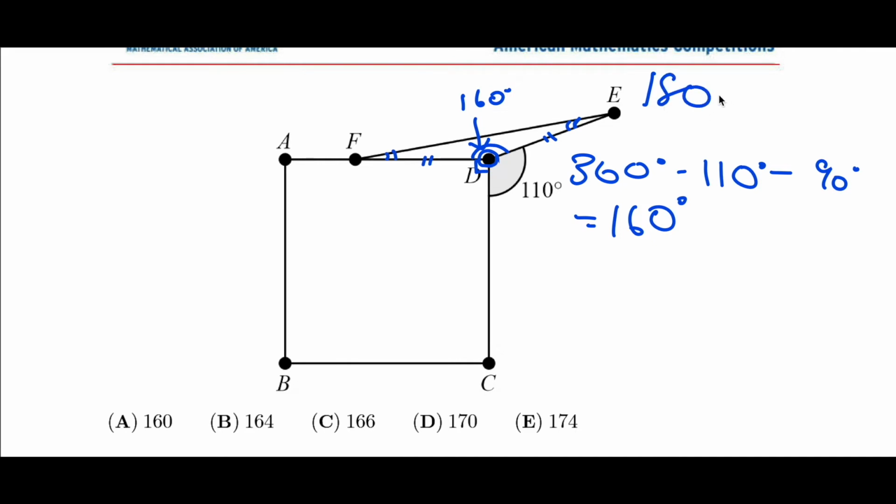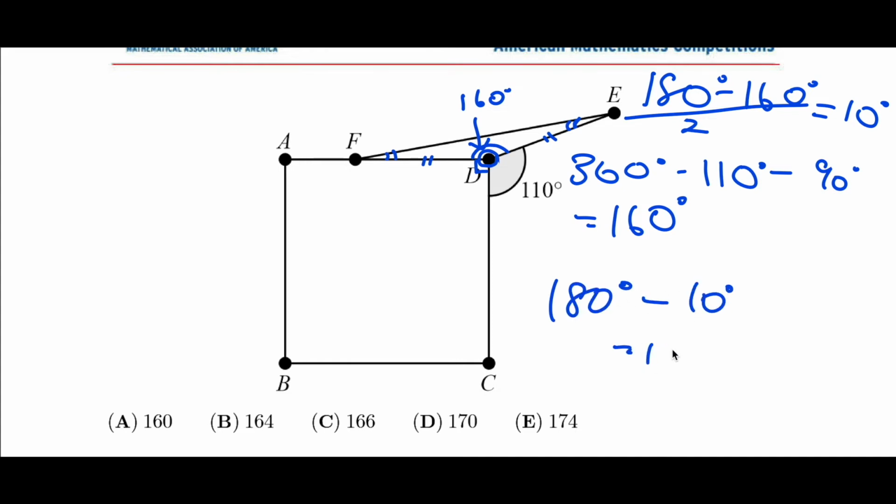So 180 minus 160 degrees divided by 2 is what we get for EFD, which is the same thing as FED, and that is 10 degrees. So the question asks us to find out what is AFE. So in order to find out what AFE is, we just do 180 minus EFD. So 180 degrees minus 10 degrees is 170 degrees, which tells us the answer is D.